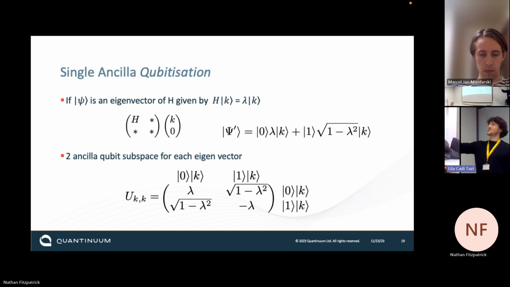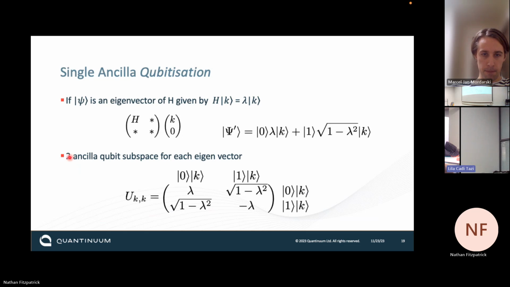But this is super essential: when you're acting on the eigenbasis of your operator, you will always have this two-dimensional space where you have the orthogonal space of the eigenvector here. It's intuitive in the single qubit case, let's just say one ancilla, I apologize.